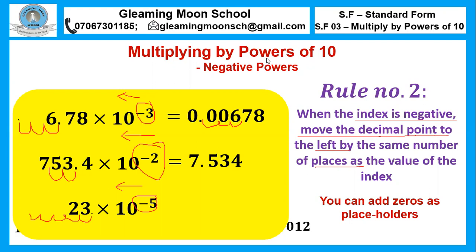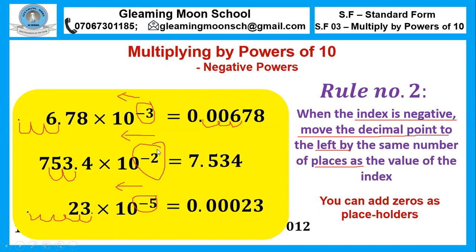And you put your new decimal point there. Can you see that? You have 3 places that you need to hold with a 0, and that will bring your answer to 0.00023.